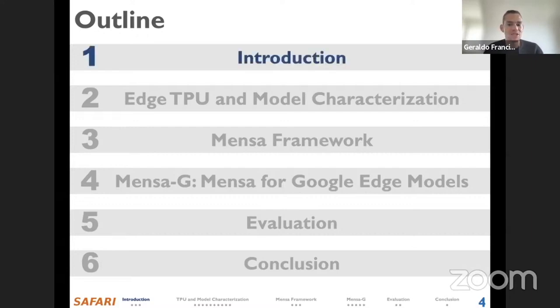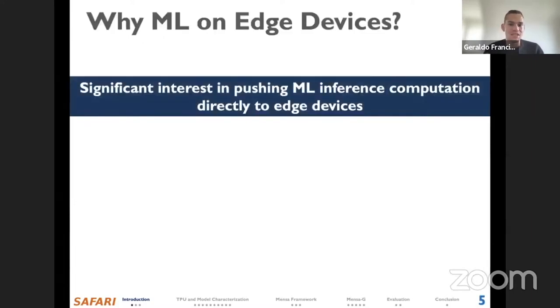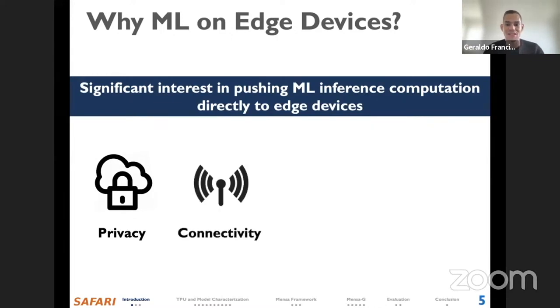So we start with the introduction. There is a large interest recently in executing machine learning tasks directly on edge devices as opposed to sending them to the cloud. And there are a couple of reasons for that. The first one is that it's much better from a privacy perspective because the data is local to the device. The second one, it allows you to run machine learning inference even if you don't have internet connectivity.